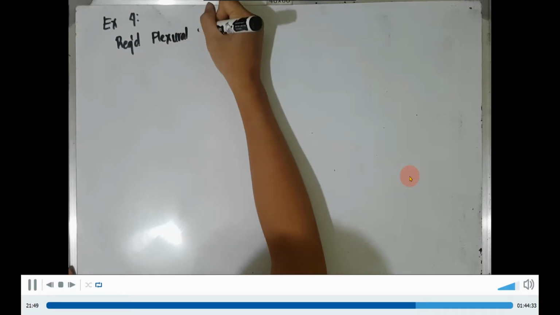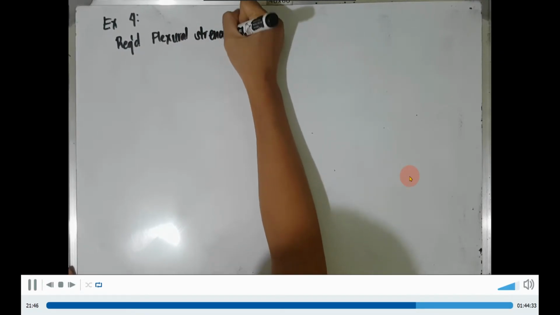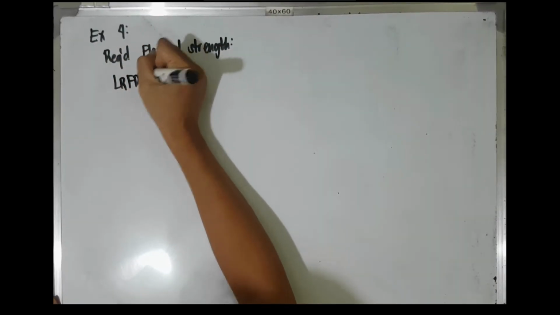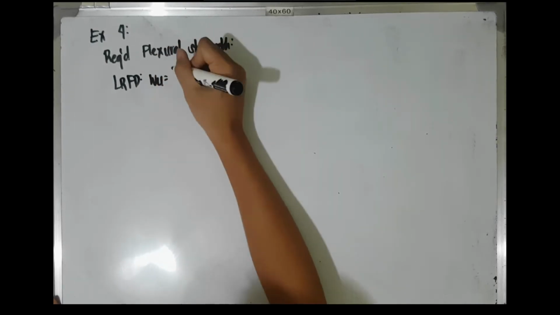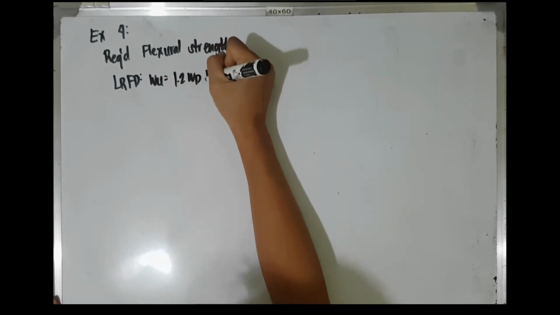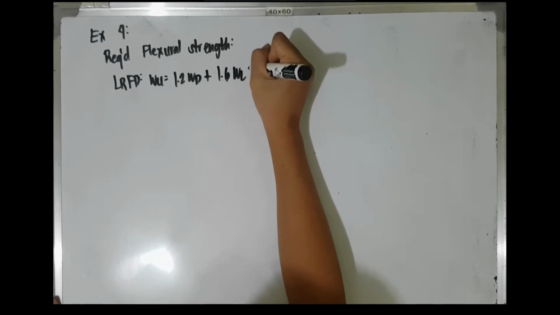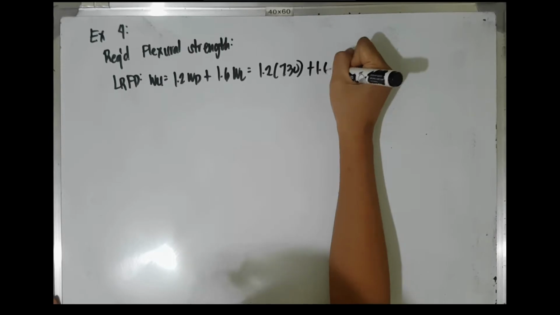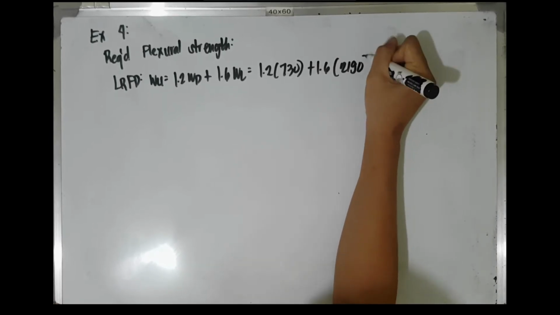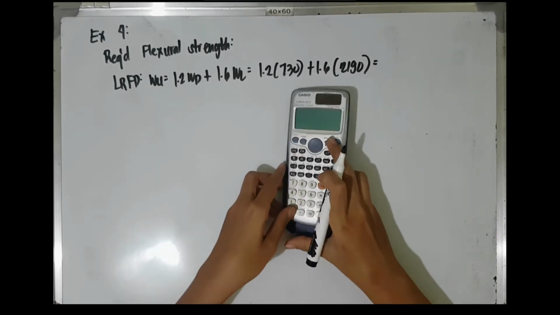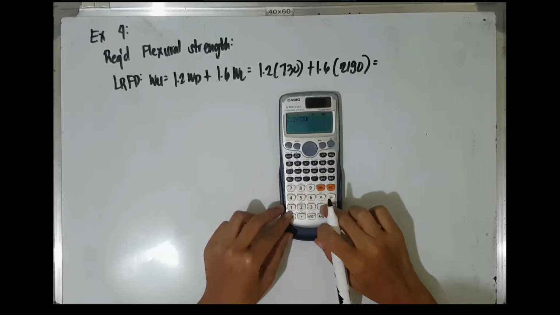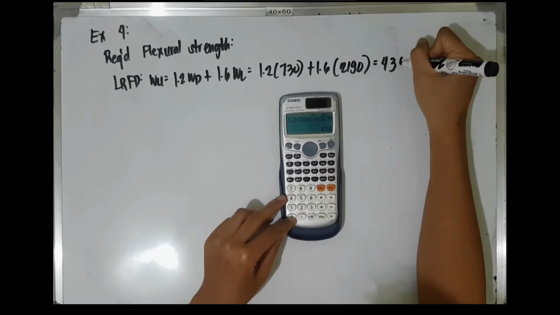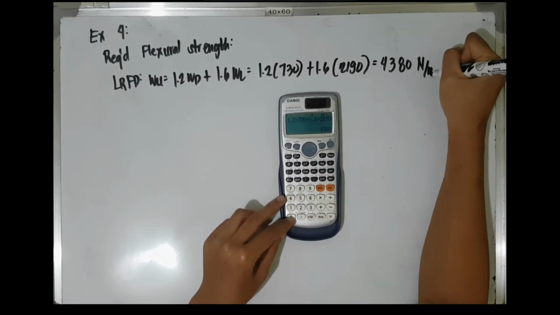Again, for the first step, we will determine the required flexural strength using LRFD and ASD. Therefore, the required flexural strength, or the ultimate uniform load for LRFD, is equal to 4,380 Newton per meter.